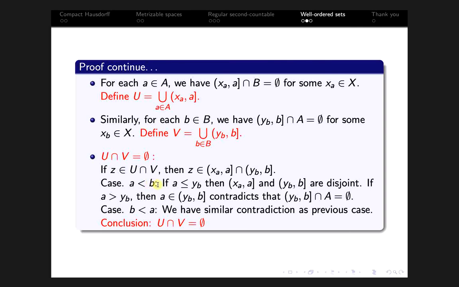So if a is strictly less than b, then the intervals X(a, a') and Y(b, b') must be disjoint. It would be better if you draw a picture.